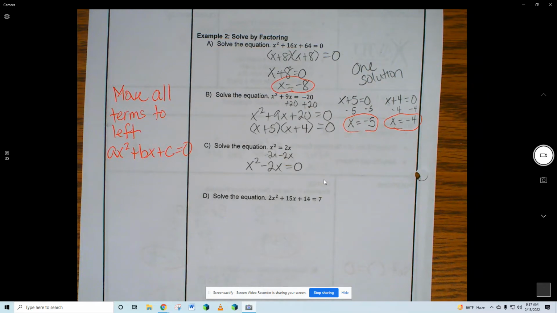Can I do difference of squares? What do I do here? How would you factor this? Can I do 2 parentheses?